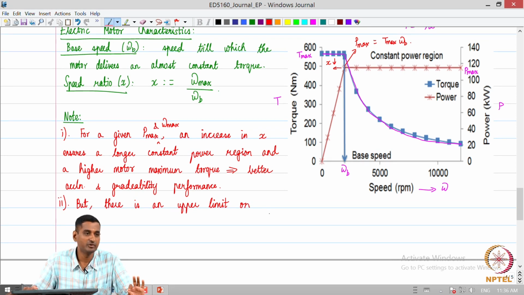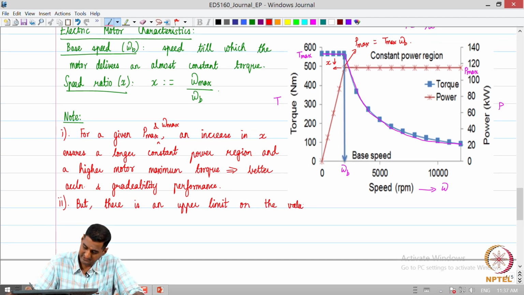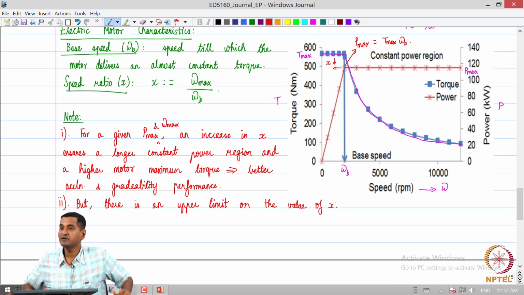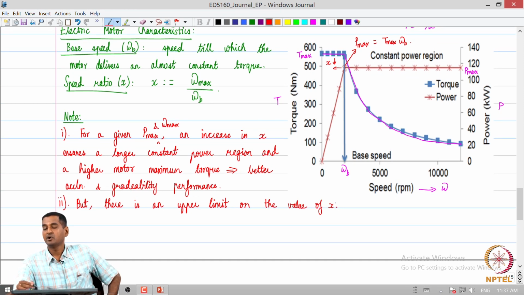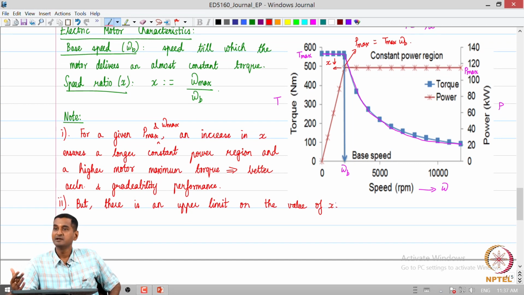Yes, we can increase it numerically, but practically such motors should be available to be used in vehicles. So, there is an upper limit on the value of x. Okay. Another feature which we would be observing due to this hyperbolic torque speed characteristics from an electric motor is that if you look at a typical electric vehicle, we may even have a single speed transmission.